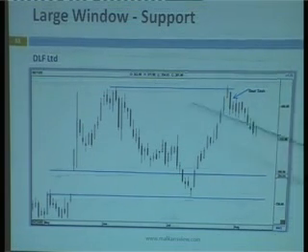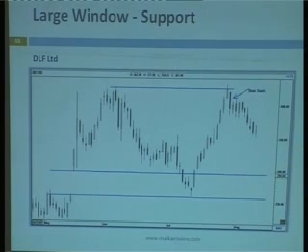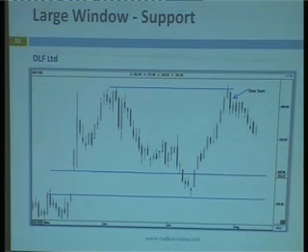Or if you use the 5-minute time frame, you can take it from there. The point is, once you are making money in intraday, whatever way you can protect it, you protect it. Once you are in the money, you should not go out of the money.